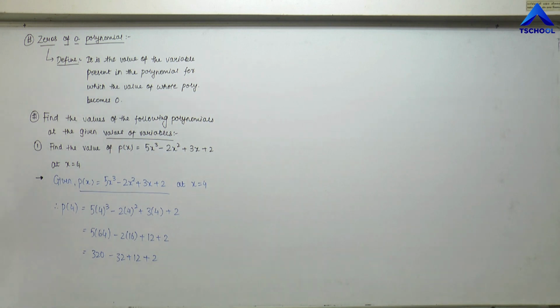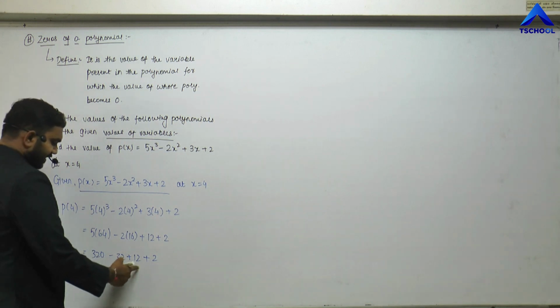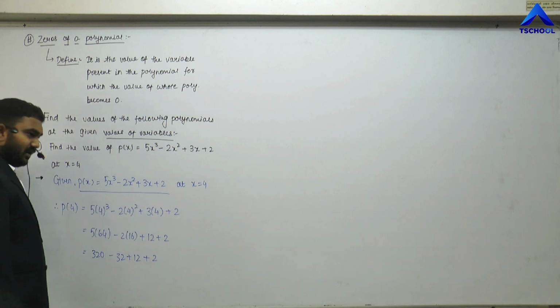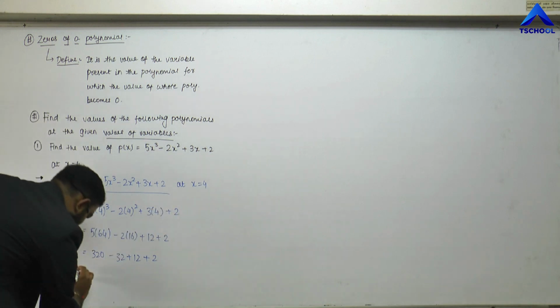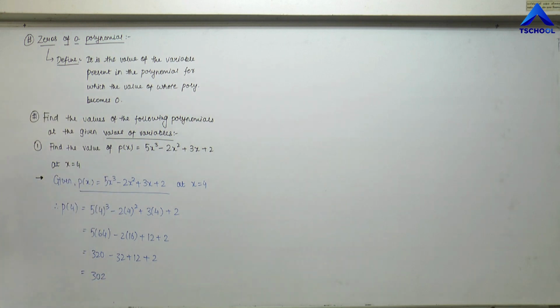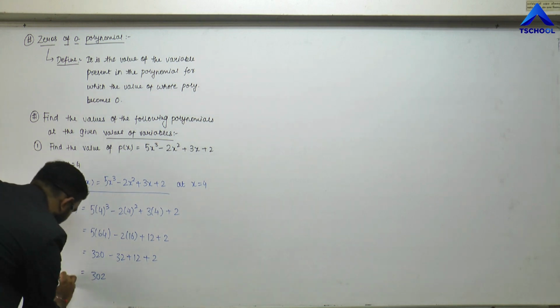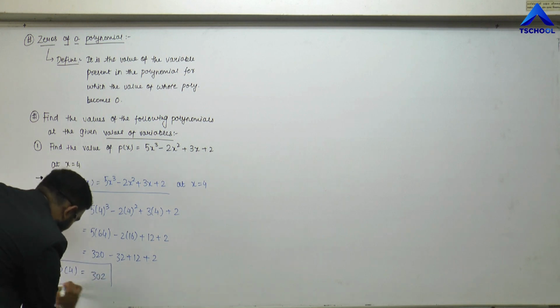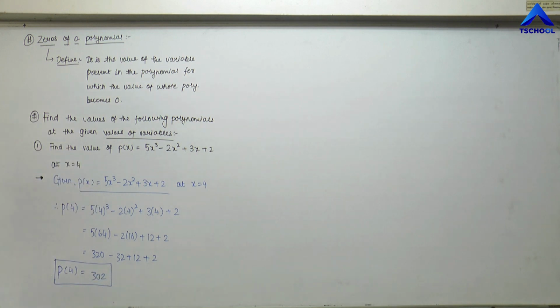So 320 minus this, let us simplify, that will be minus 20 and minus 18. So that is, I think, 302. Yes or no? Yes, it will be 302, and that is p of 4. So the value of the given polynomial at x equals 4 is 302. That is p of 4.